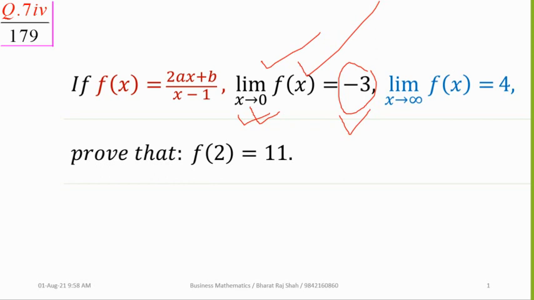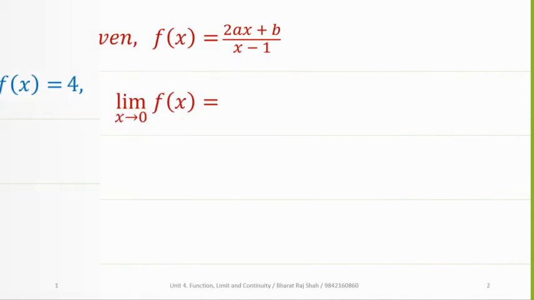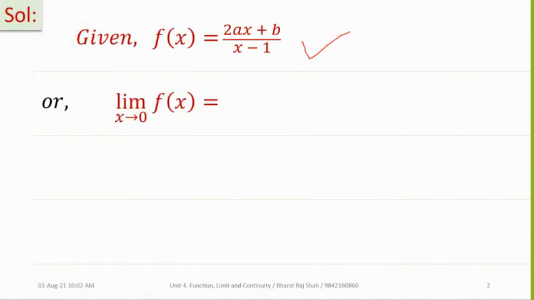But we shall also find the value of the limit by using this function, and later we shall equate the two, and then we'll try to find the value of a or b. I will make this point clear right now. We are going to put the value of x as 0 here. When you find a limiting value, first of all, we substitute the value.